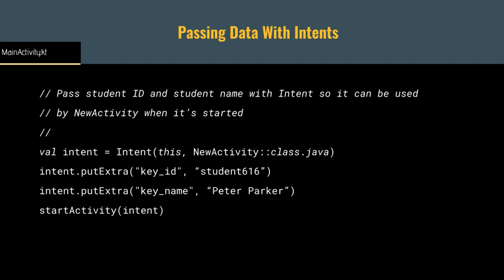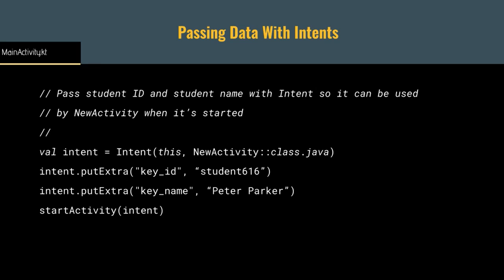So in this case, we're passing a KEY_ID and then a string value of student616. So that's going to say we put the value student616 at the key of ID. And this is essentially just going into a map so we can get that key value access. Similarly, we're passing the name Peter Parker with a key of KEY_NAME. And then at the very bottom, we call startActivity again, and we pass in the intent.